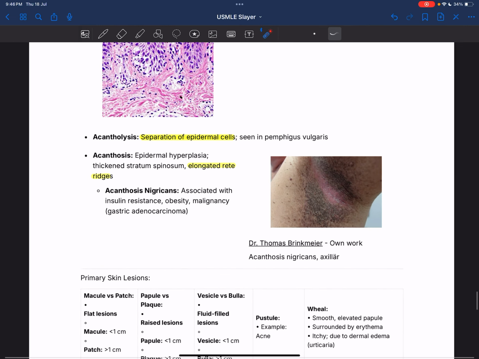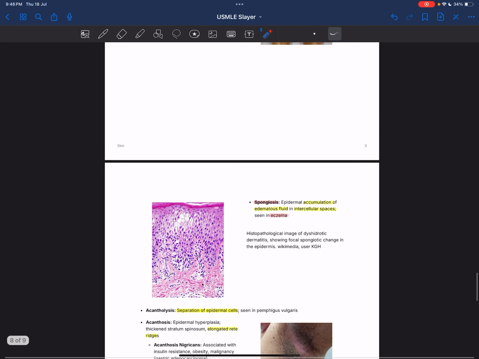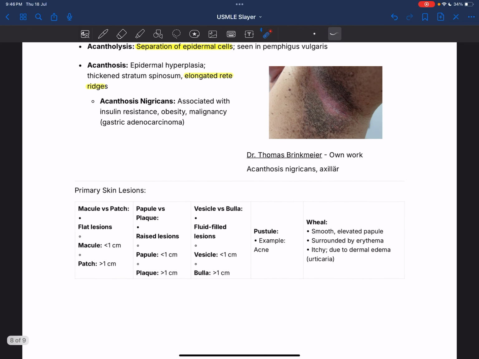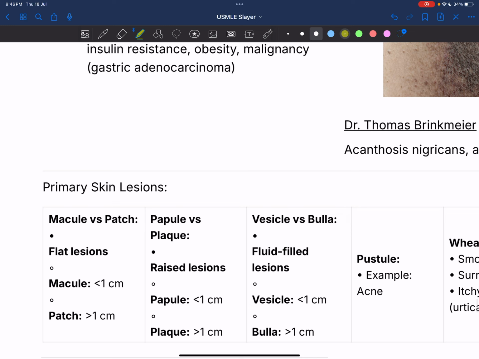So that was mostly all the dermatopathologies that we need. And right now we're going to talk very shortly about two major things: the primary skin lesions and the secondary skin lesions. You might ask yourself, what is the difference between primary and secondary skin lesions? Basically, secondary is a primary gone wrong.